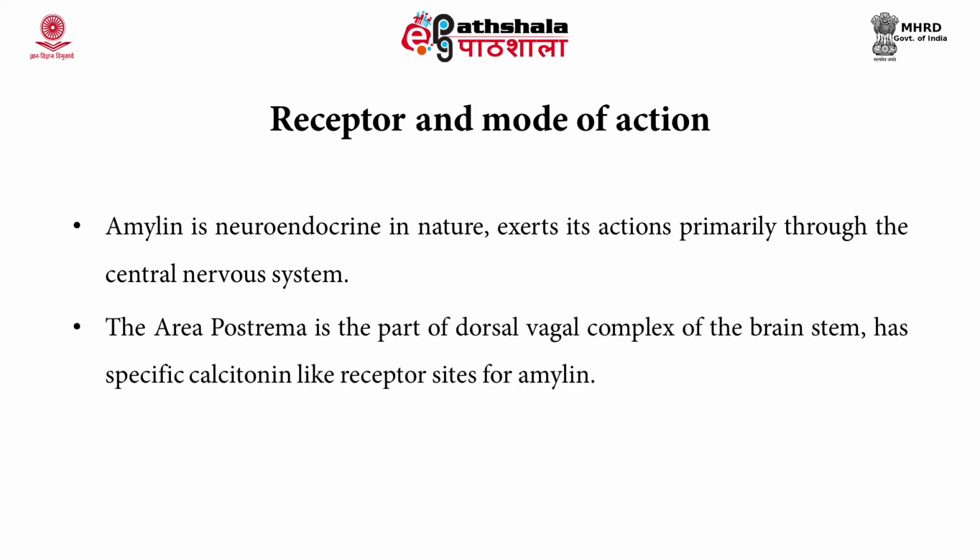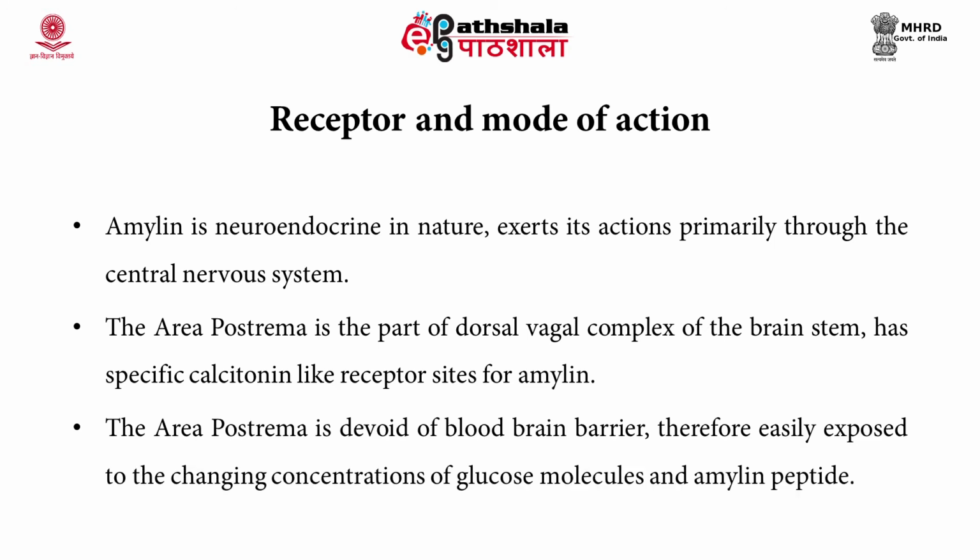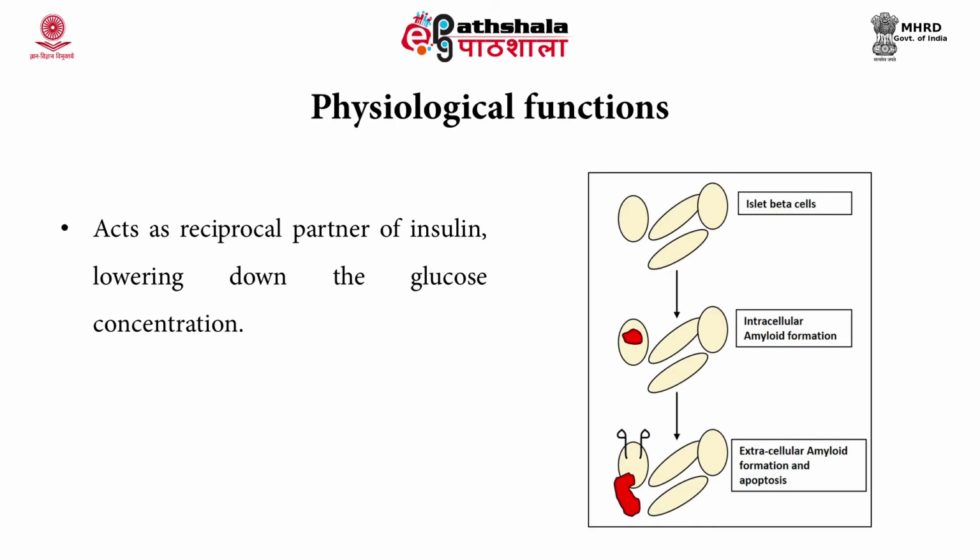The area postrema is a part of the dorsal vagal complex of the brain stem and has a specific calcitonin-like receptor site for amylin. The area postrema is devoid of the blood-brain barrier, therefore easily exposed to the changing concentrations of glucose molecules and amylin peptide. It acts as a reciprocal partner of insulin, lowering the glucose concentration.